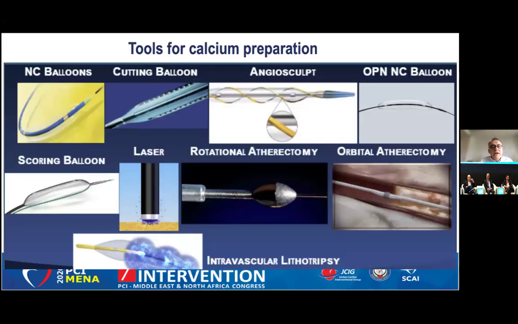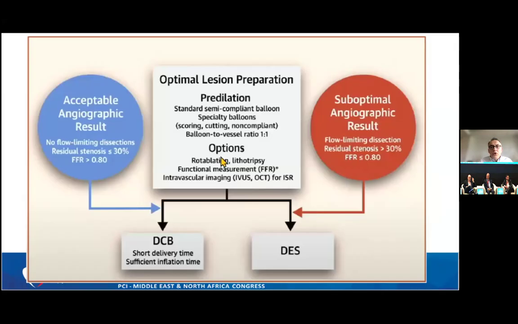We could have these tools for calcification preparation. According to the algorithm, after lesion preparation, if we have acceptable angiographic results, with no flow-limiting dissection, we could have dissection often, but if the flow is good and there is no contrast staining, this is very important.